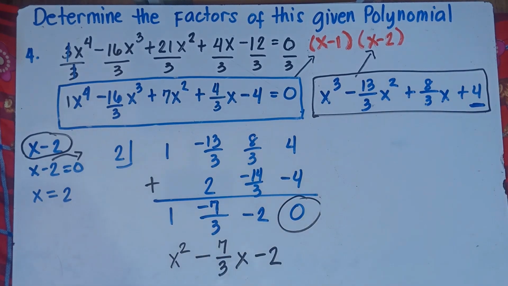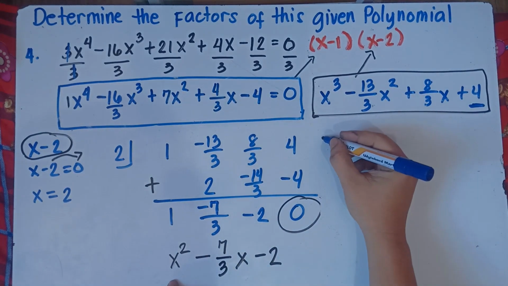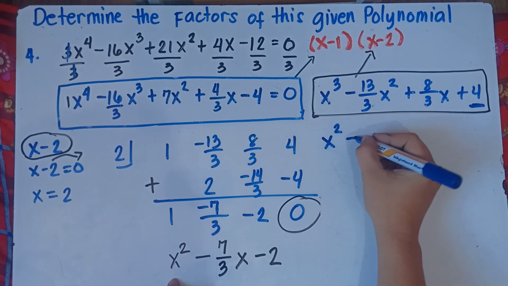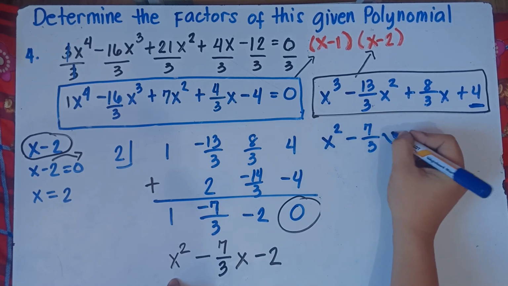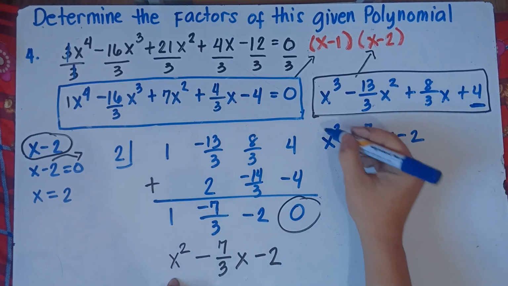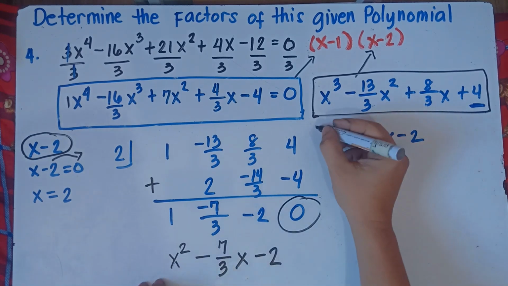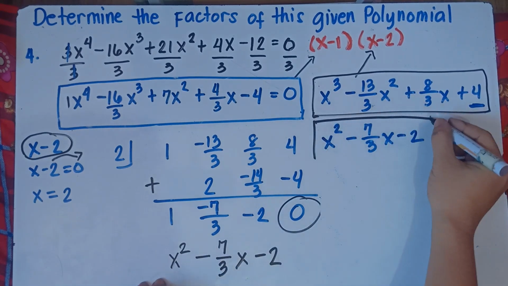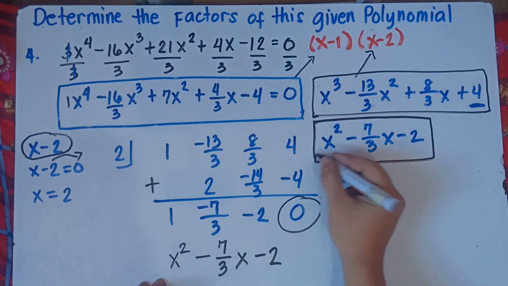This will be our third equation for the polynomial, x squared minus 7 over 3 x minus 2. And we need to factor this out.